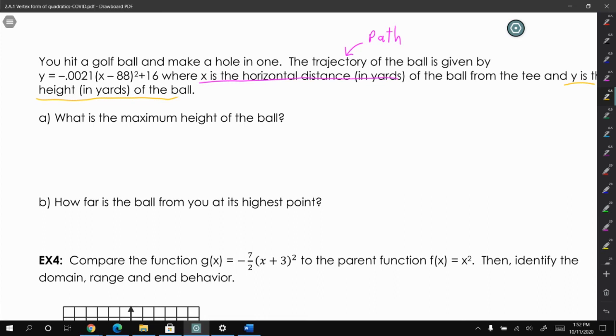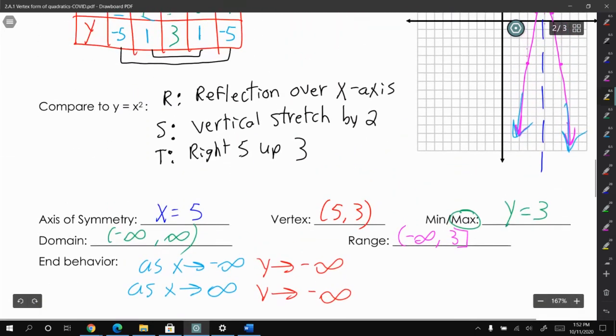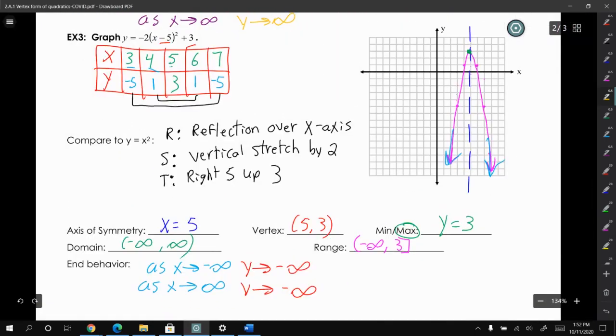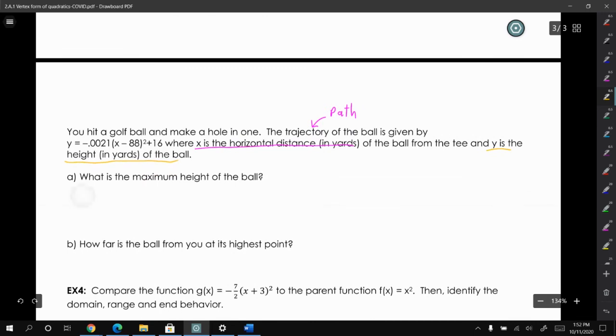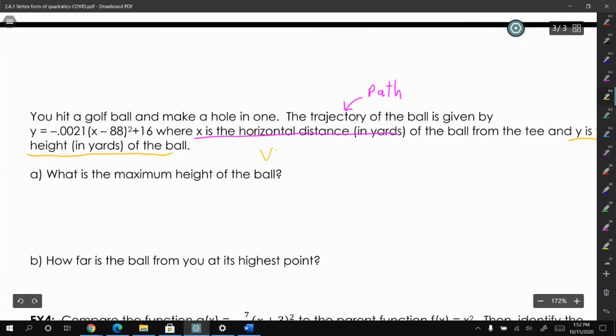What is the maximum height of the ball? Well, up here, we had maximum values at the vertex right here. So let's figure out the vertex of this. The vertex is 88, 16.